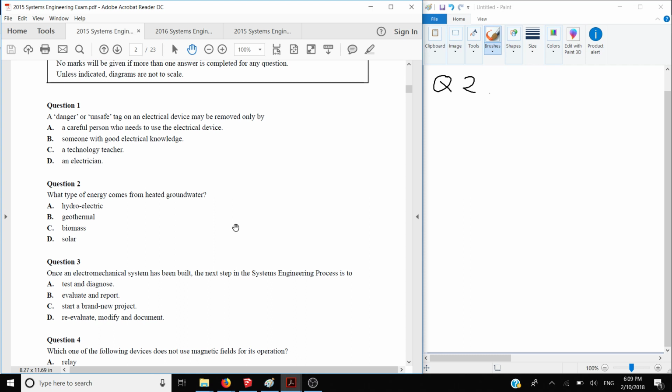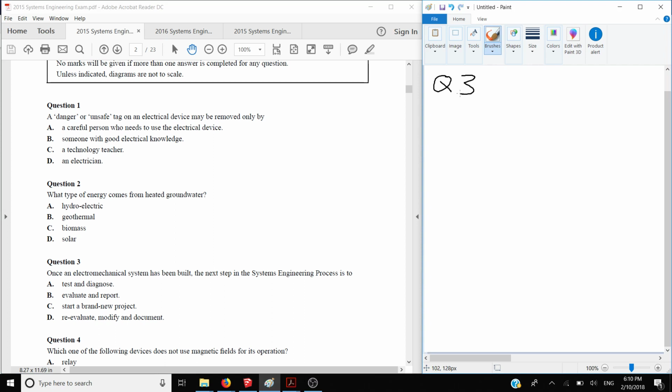Geo and ground, those have got a lot to do with one another, and thermal and heat, so that's sounding pretty good. Biomass has absolutely nothing to do with heated groundwater as far as I can tell, and neither does solar. So if I didn't know, I'm tossing up between hydroelectric and geothermal, and geo, ground, thermal, heated, that's a pretty good bet, right? So question 2, even if you don't remember, is going to be B.